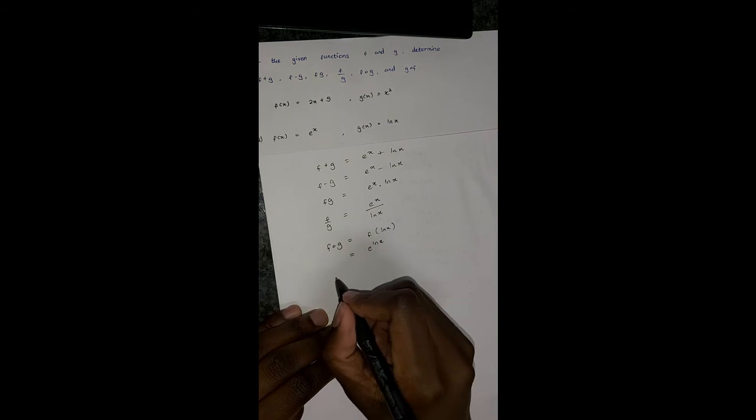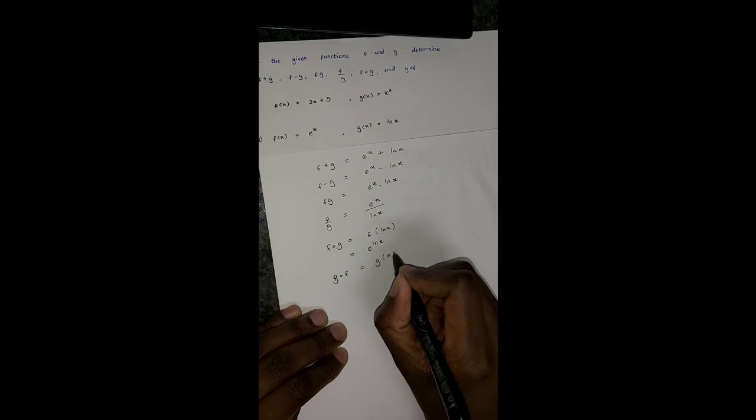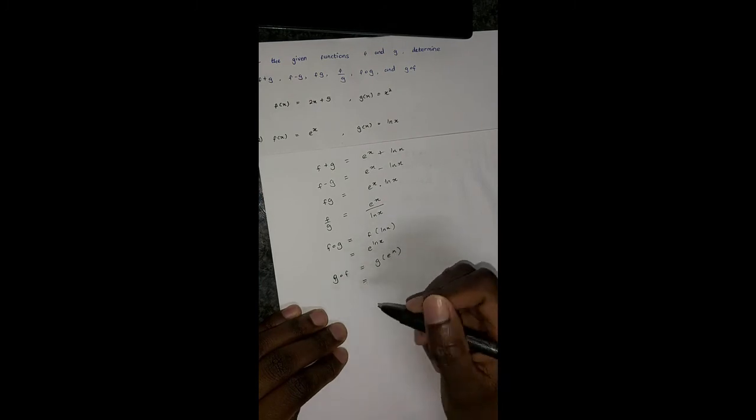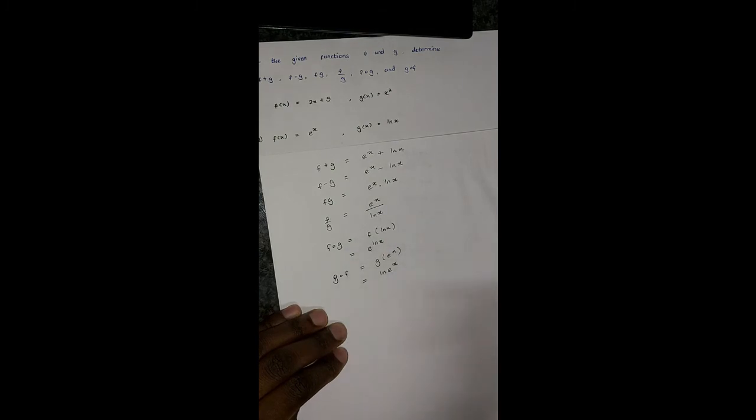So for now, I'm just going to leave it like that. And then g of f is given by g of exponent of x, which is equal to ln exponent of x. This again can be simplified, but for now we're going to leave it like this so that you just understand the concept that we're looking at right now.